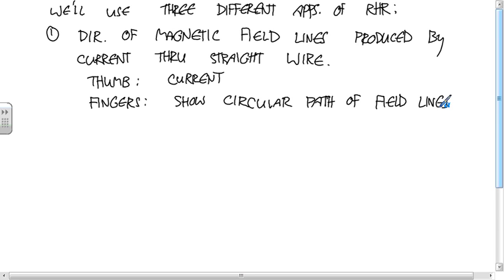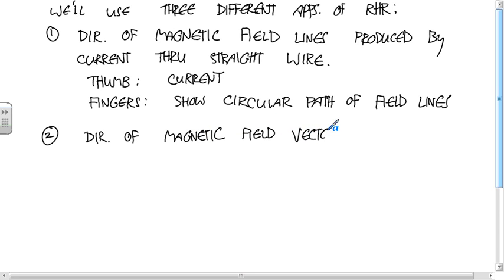Then the second application is going to be the direction of the magnetic field vectors themselves. Notice that in the first one, we were really doing the field lines, and then you have to go from there to figure out what the vector directions are.